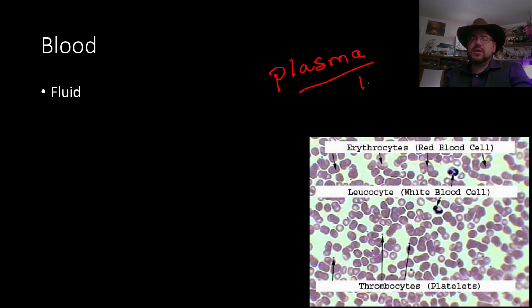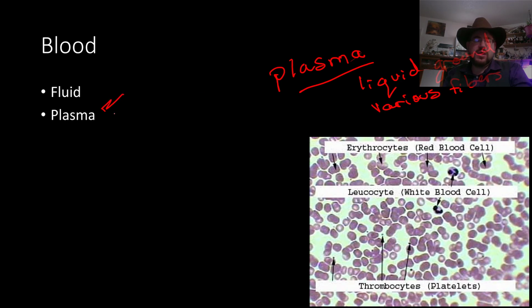Blood plasma is the liquid ground substance and the various fibers and other dissolved particles that are in blood. This is the fluid through which the cellular portion of blood travels.